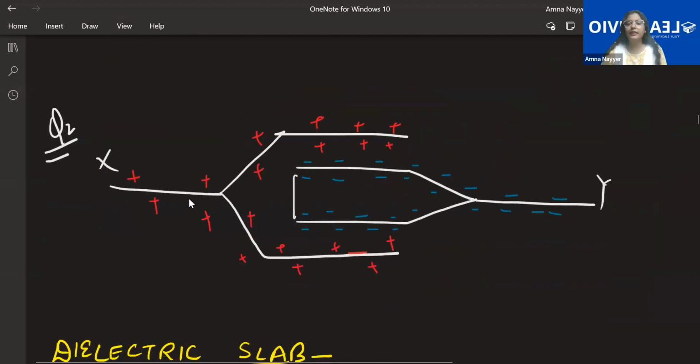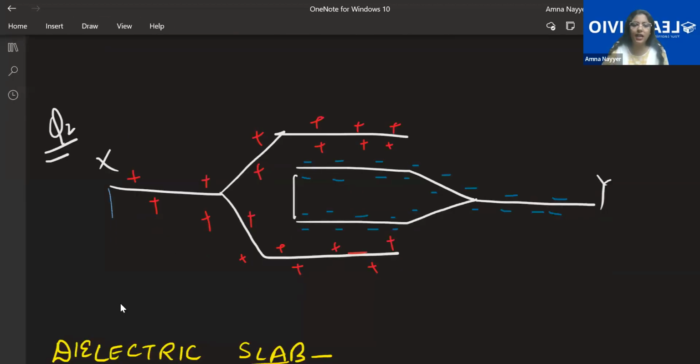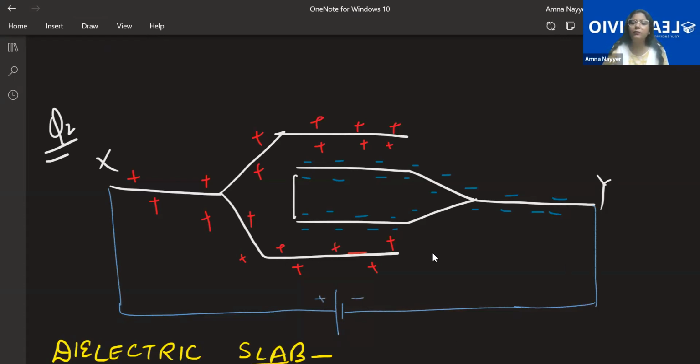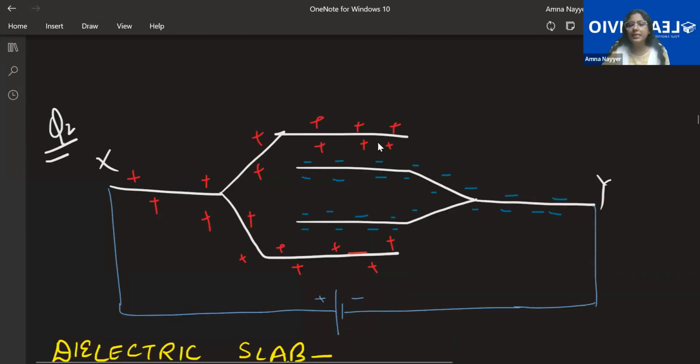See. Like this. These are the x and y ends. Suppose they are connected to the battery, and after that they are charged like this. This is the positive terminal, this is the negative terminal. So this will make this plate completely positive, and this plate completely negative. Now look, positive and negative, this will form one capacitor.